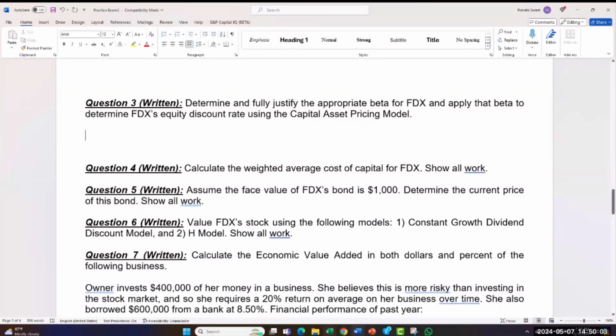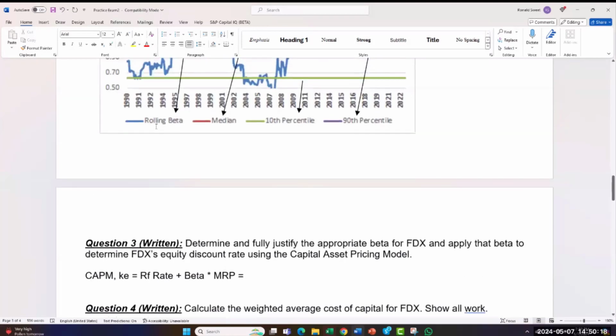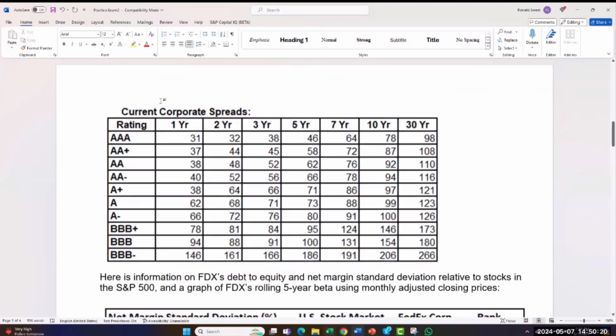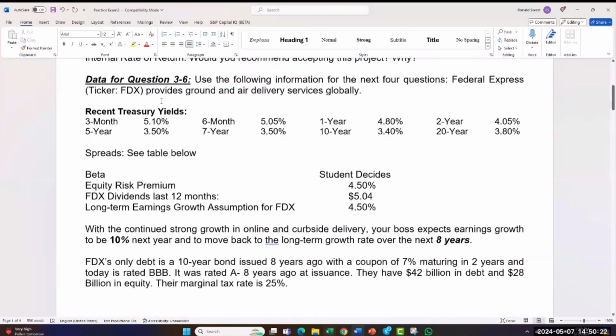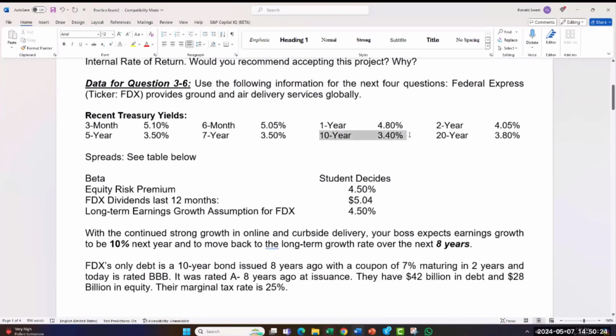Remember CAPM says that KE equals the risk-free rate plus beta times the market risk premium. So the risk-free rate, remember, we use the 10-year treasury. That's 3.4%.